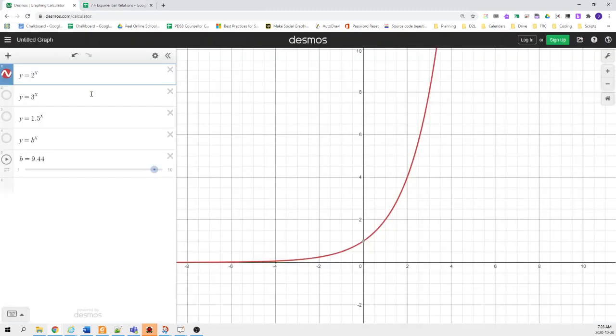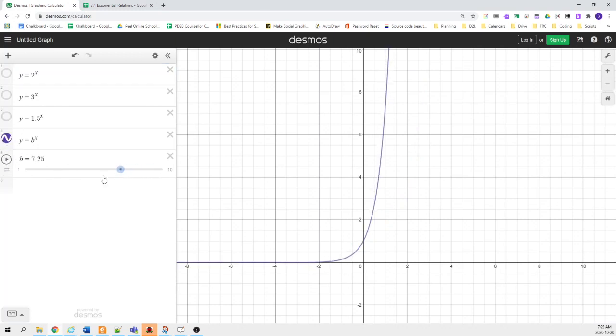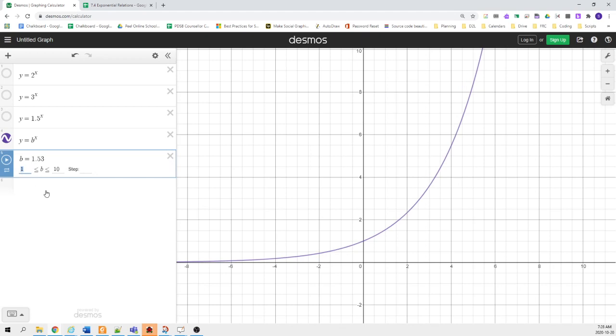So let's go back, and what if we make b less than 1? What happens when the values are between 0 and 1?